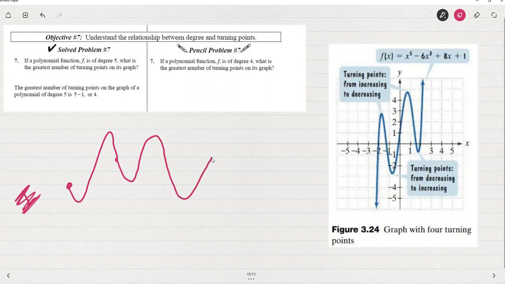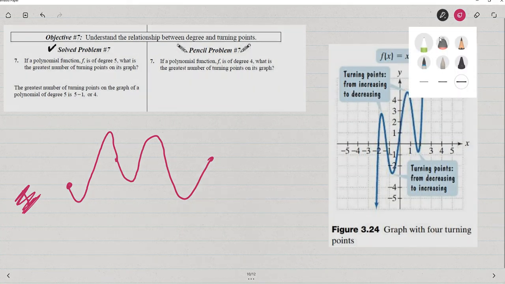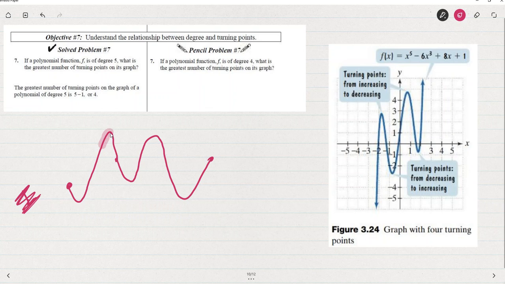If we went back and counted the number of turning points, we were rising and then falling. There's one turning point. Falling and rising, there's another turning point. Oh, and I forgot this one, falling and rising. That's the third. Rising, falling, there's the fourth turning point. And here's our last turning point, falling and rising.